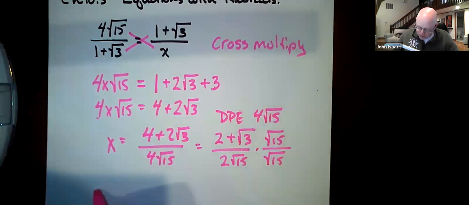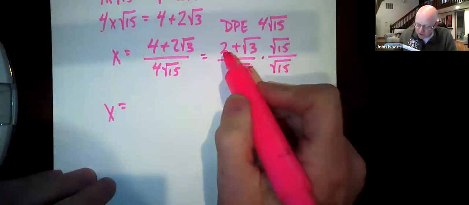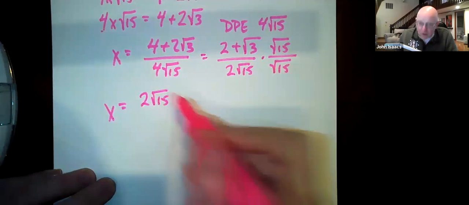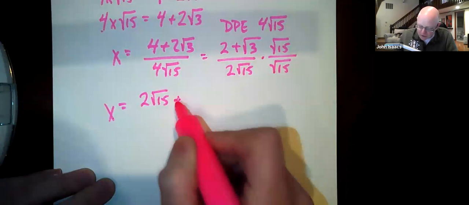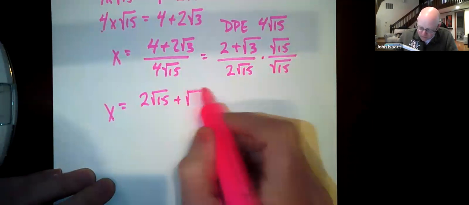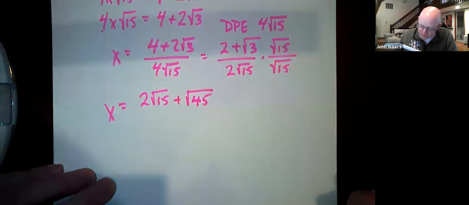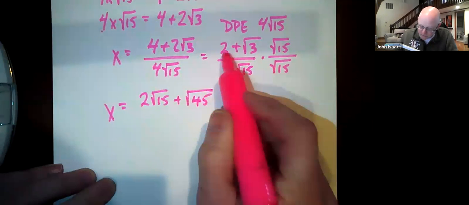So now x equals, so give me a little bit of page here. X equals, let's see, 2 times root 15 and root 3 times root 15 plus, that's going to be root 45. Okay. 3 times 15, 45. 15 times just 2 is that.